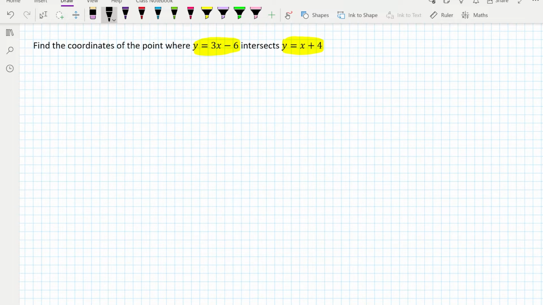So first thing we're going to do is make it clear that our lines are equal to each other. So we've got 3x minus 6, and we're going to set that equal to x plus 4. I can do this because we've got our y's for each of these. Where these lines meet, the y value is going to be the same.